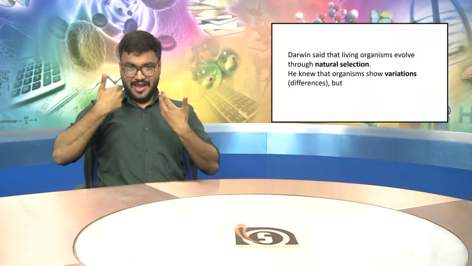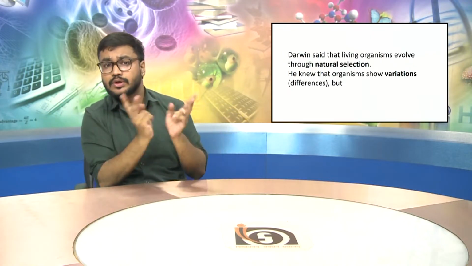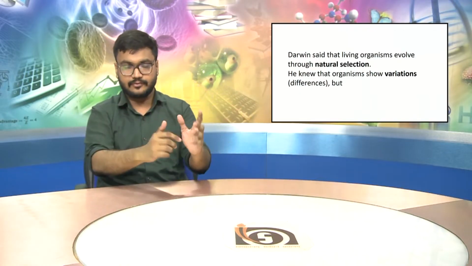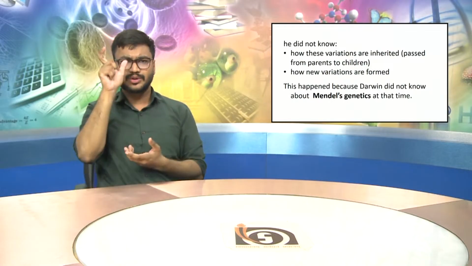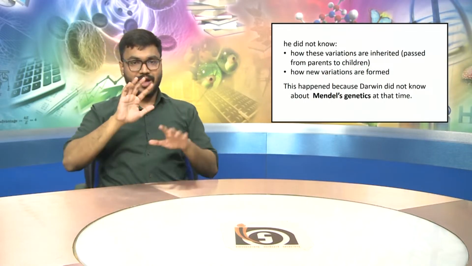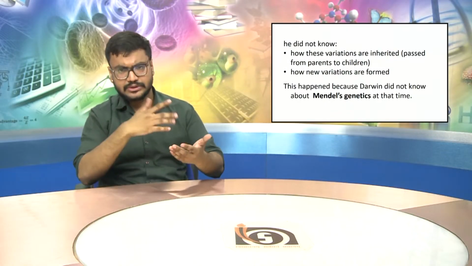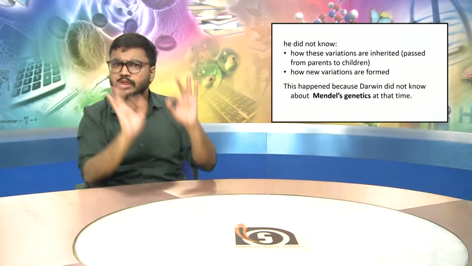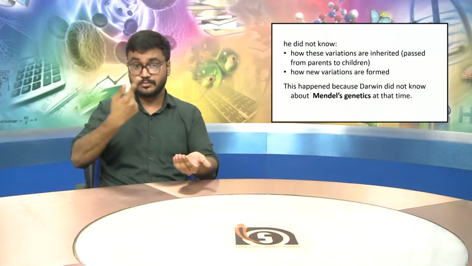It means differences in individuals. But he did not know how these variations are inherited. It means how these variations pass from parents to children, and how new variations are formed.